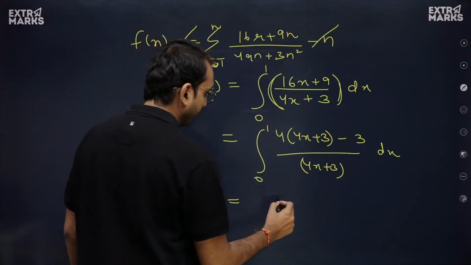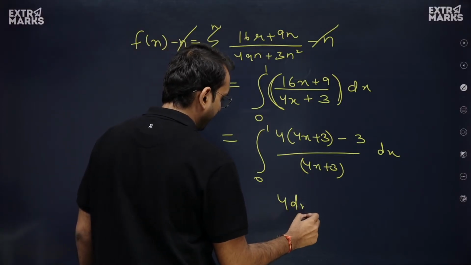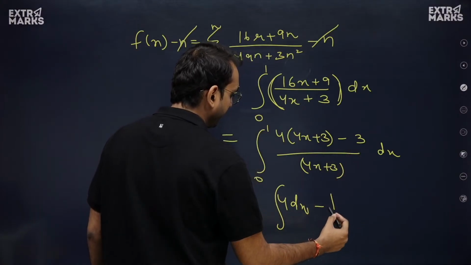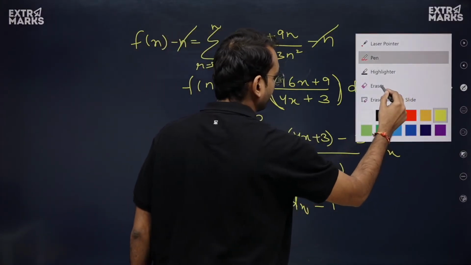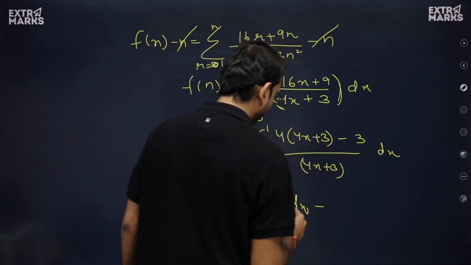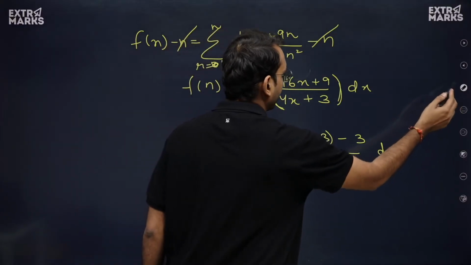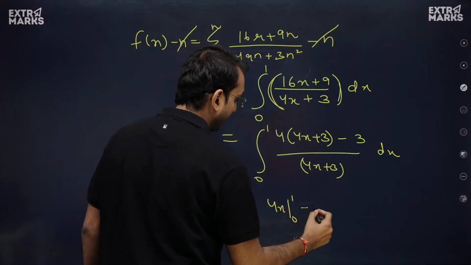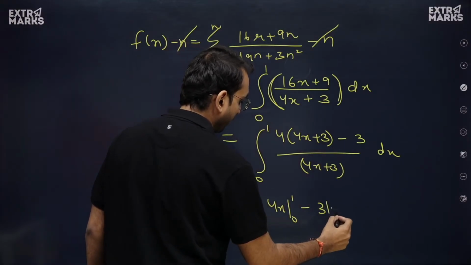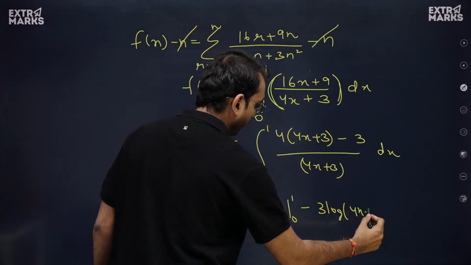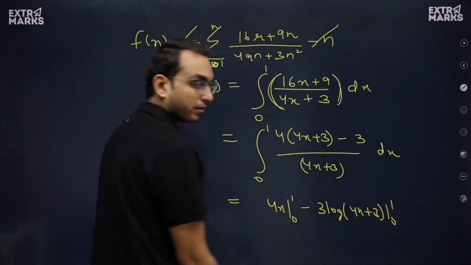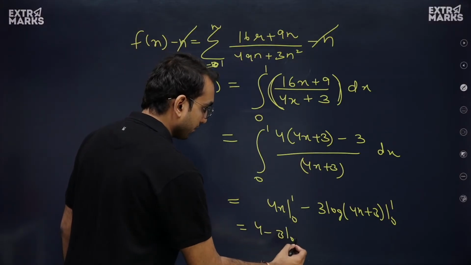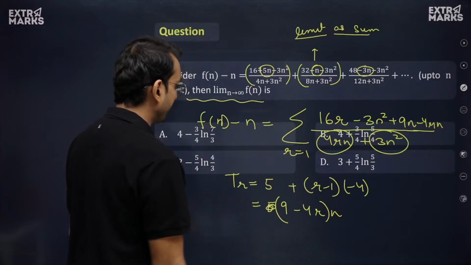It will become 4 dx minus, and we can directly integrate this. Let's integrate directly, it is very easy. So 4x from 0 to 1 minus 3 log of 4x plus 3 from 0 to 1, right? Now I can solve, it will be 4 minus 3 log 7.